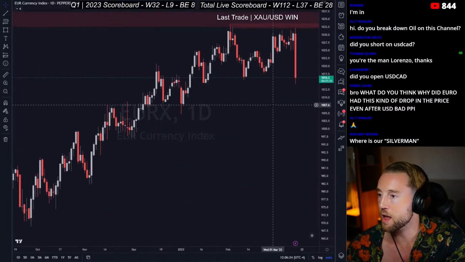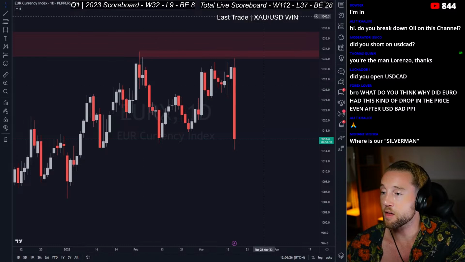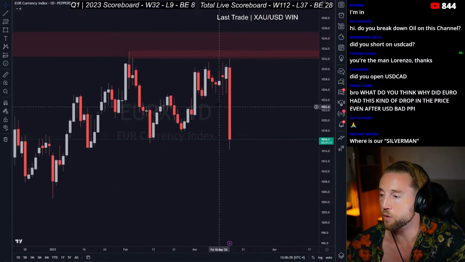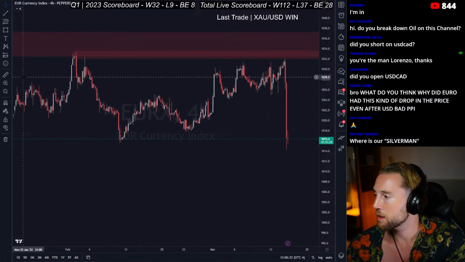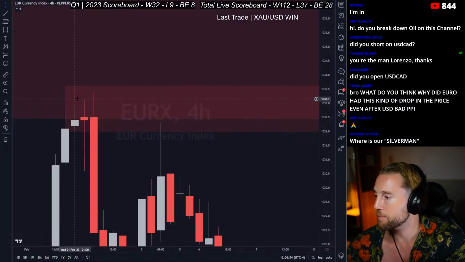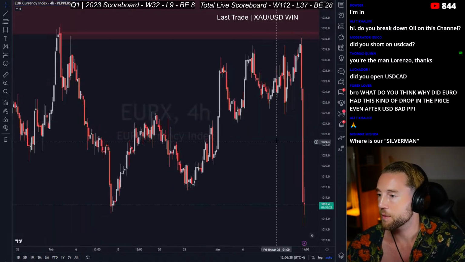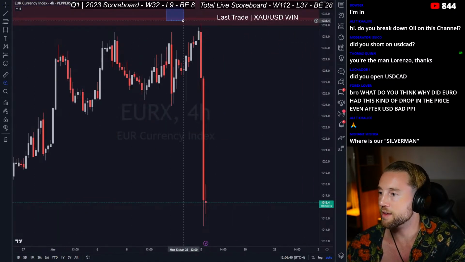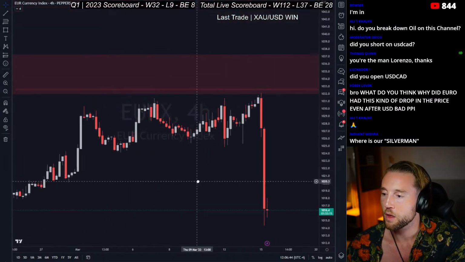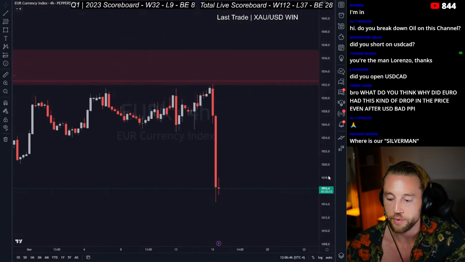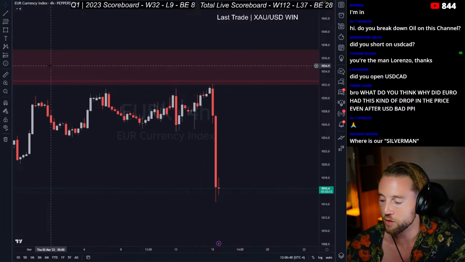From a technical standpoint, it was not looking good in general here. So we tapped into that zone on the 4-hour, it was this particular candle right here, a small candle. Look at that candle. Boom. That was the moment for it to break, from a technical standpoint.